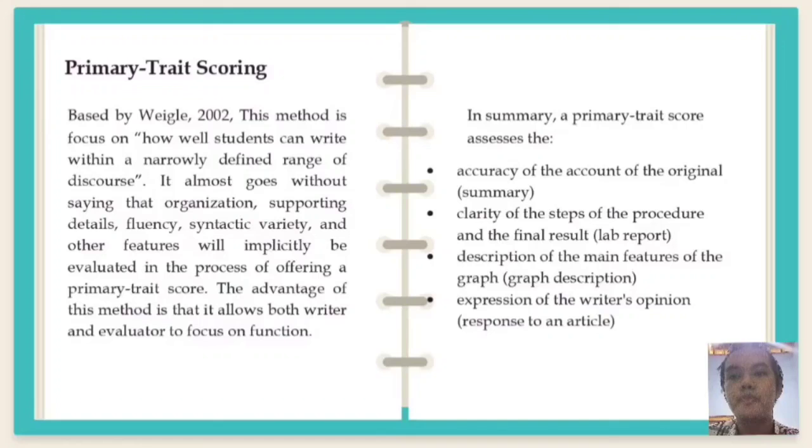The last method is primary trait scoring. Based on Weigle, this method is focused on how well students can write within a narrowly defined range of discourse.